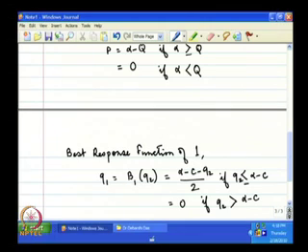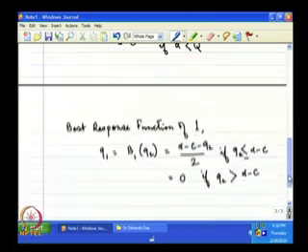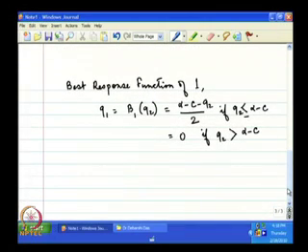This is what we have seen before, and we got this by maximizing the profit function of firm 1. We got this best response function of firm 1.